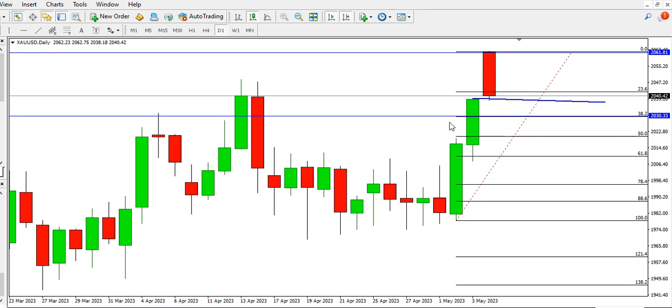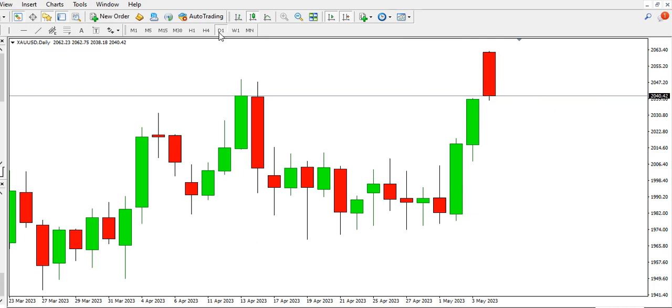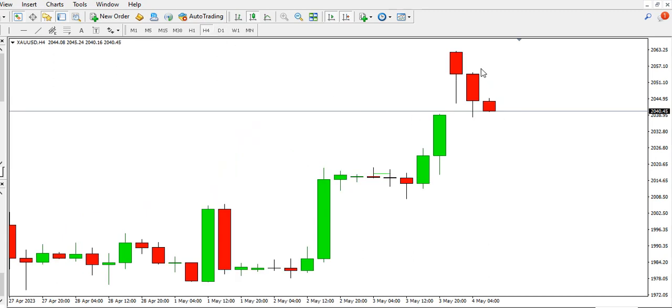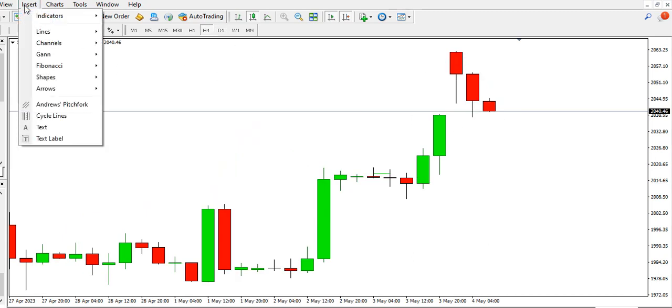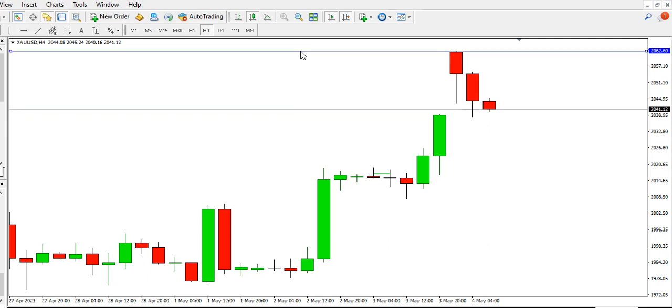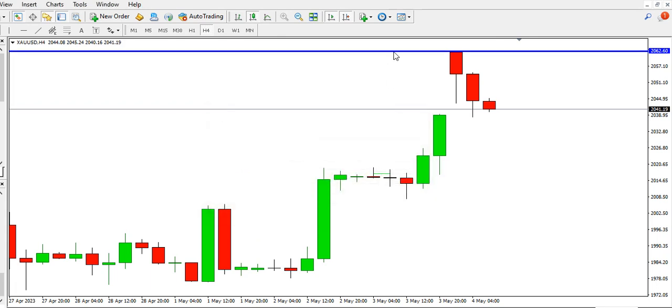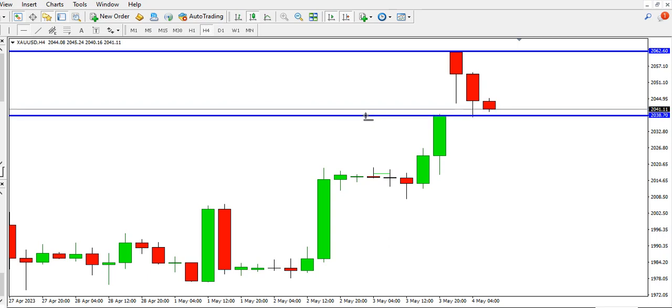Okay, that's that for the daily time frame. Let's quickly look at what's happening on the 4-hour time frame. Going to the 4-hour time frame, you can see the gap. The gap is obvious. Price closed around here yesterday and then opened today around here.